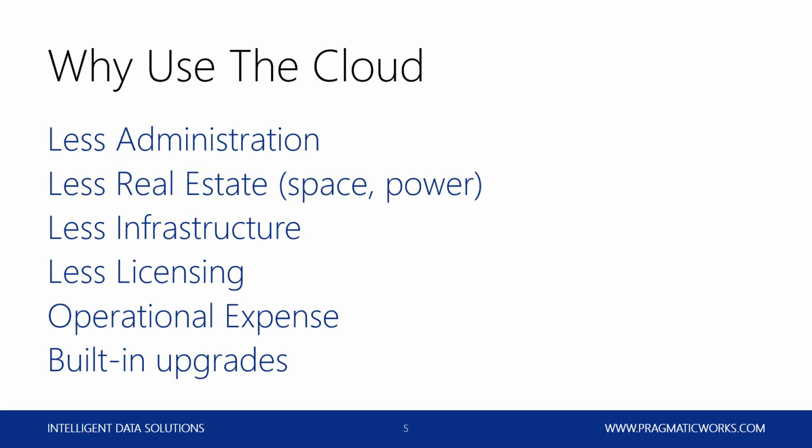So we'll talk about the difference between the IaaS, infrastructure as a service, and the PaaS, platform as a service, in just a second. But with both options, platform as a service and infrastructure as a service, you get certain licenses basically baked into what you're already paying for. So the fee that you pay to use the services includes the cost of licensing.